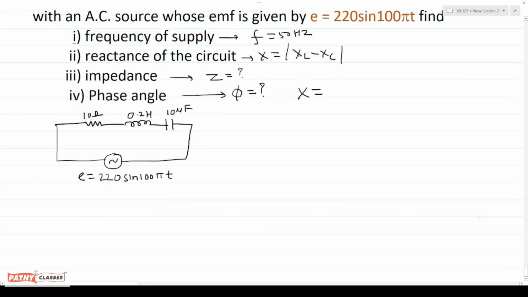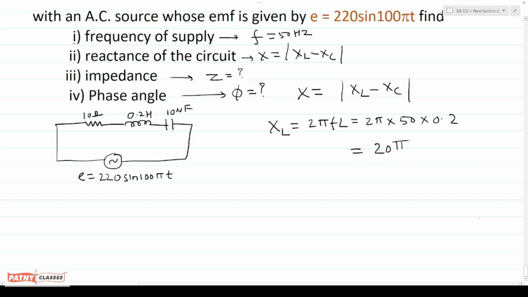Reactance of the circuit, X equals to modulus of XL minus XC, where XL equals to 2 pi FL equals to 2 pi F value 50 and L value 0.2, which is equals to 20 pi.